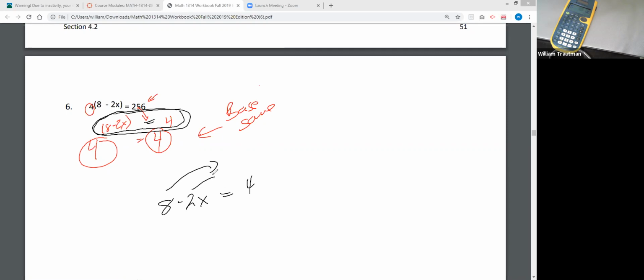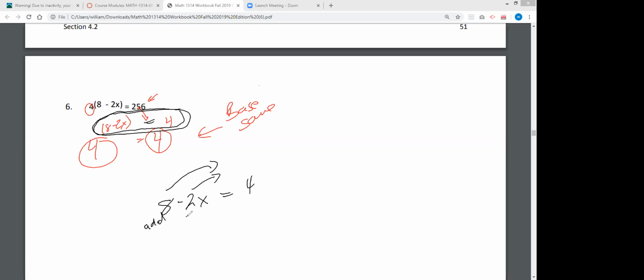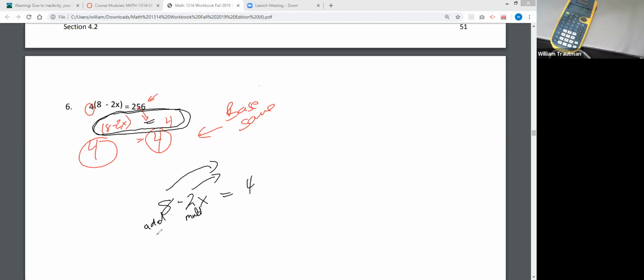You have to get the 8 to the other side and the -2 to the other side. Somebody tell me, which one do you take to the other side first? When we're solving for x, the 8 is adding, and the -2 is multiplying. You always take the add and subtract to the other side first.